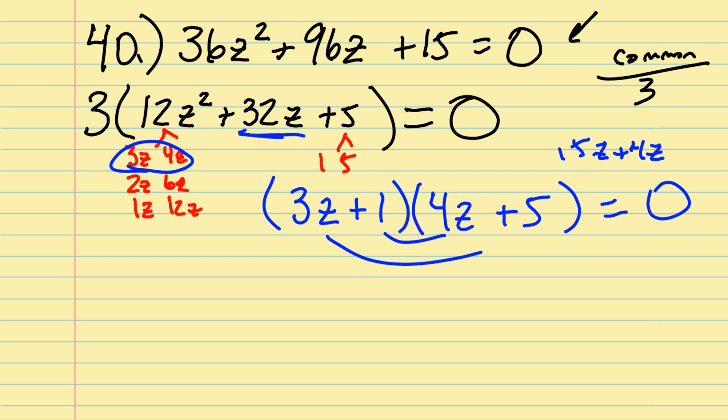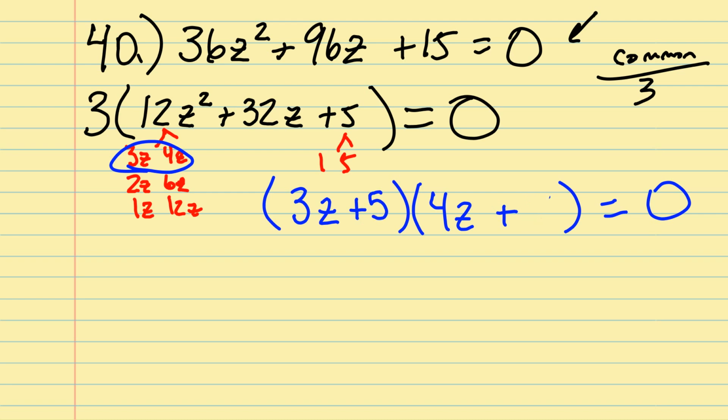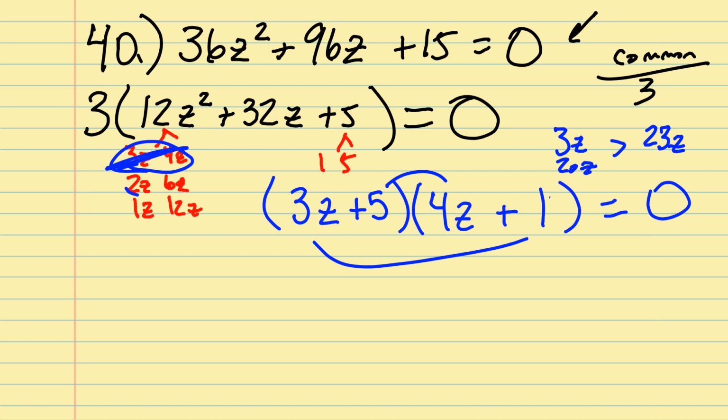It's not the 32z I want in the middle, so I know that's not right. So I'm going to just flip it, because I can't cross off 3z and 4z until I flip it. I do the outside, gives me 3z. The inside gives me 20z. Together, that gives me 23z. That doesn't work. So now I can cross off 3z and 4z.